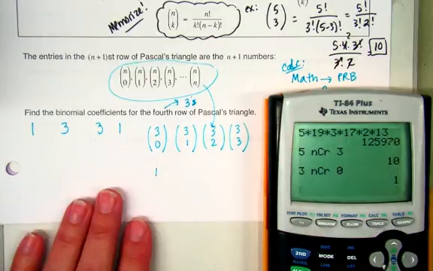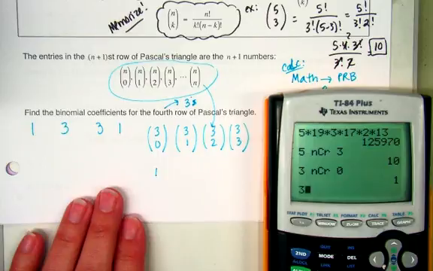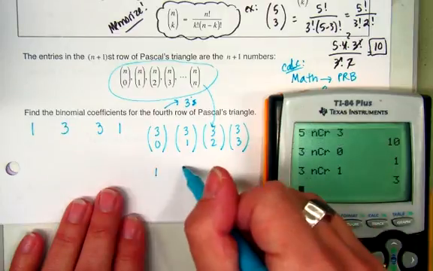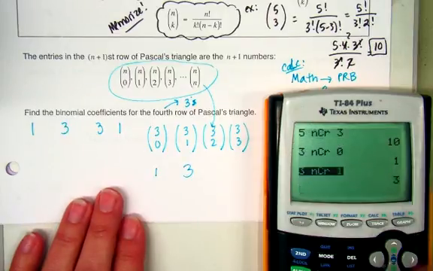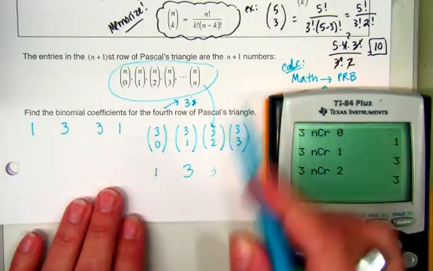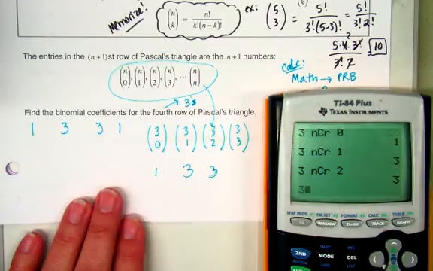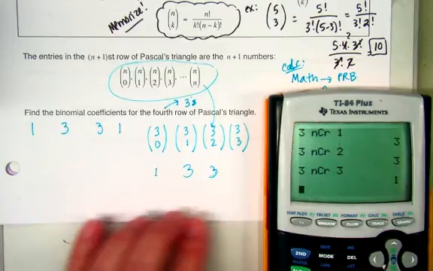Good. And when I do 3 choose 1, oh look, I get 3. And when I do 3 choose 2, I get 3. And when I do 3 choose 3, guess what? I get 1.